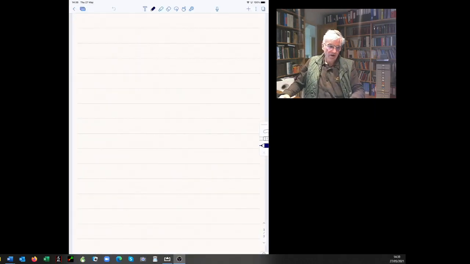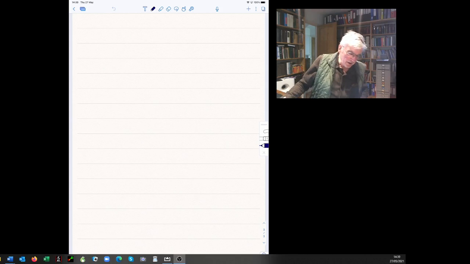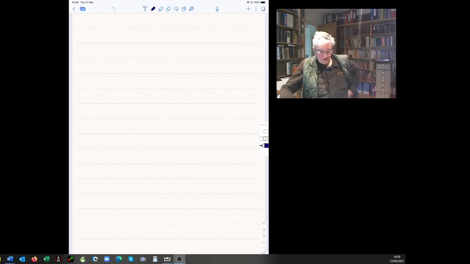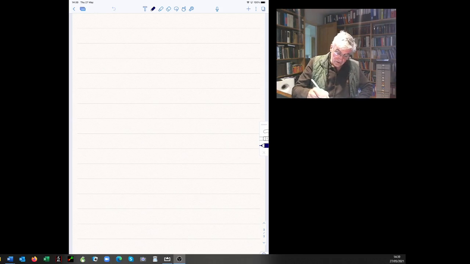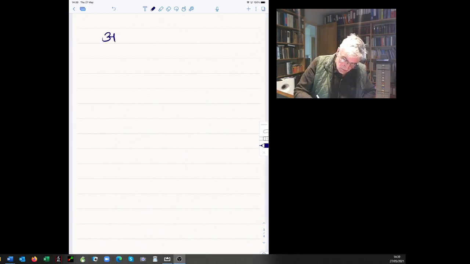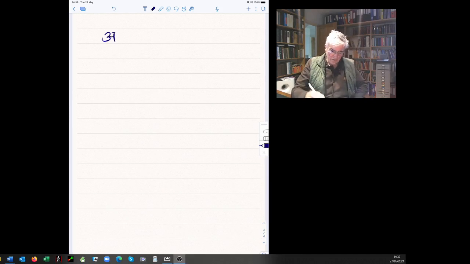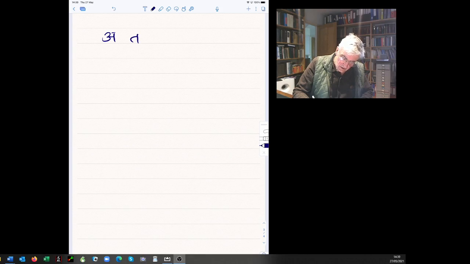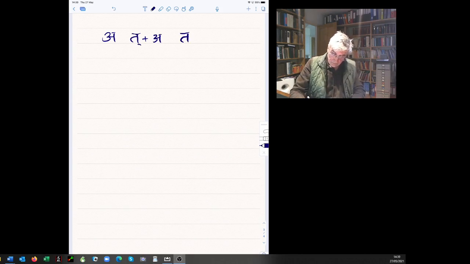We'll look at how the vowels are written. Go back now to page 4. Near the bottom of page 4, you'll see the list of the vowels. Now look first at the short a. On its own, as we've seen before, just written like that. But if you want to write a ta, that's t plus a, all you need to write is ta. Just write it like that.